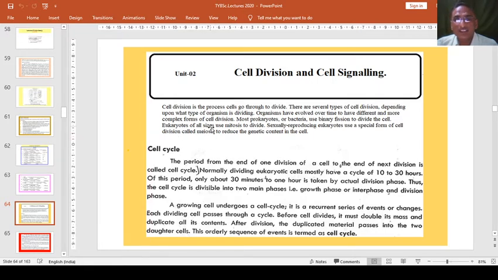This division reduces the genetic content in the cell, so we can call it a reduction division. This is the basic definition or meaning of cell division.